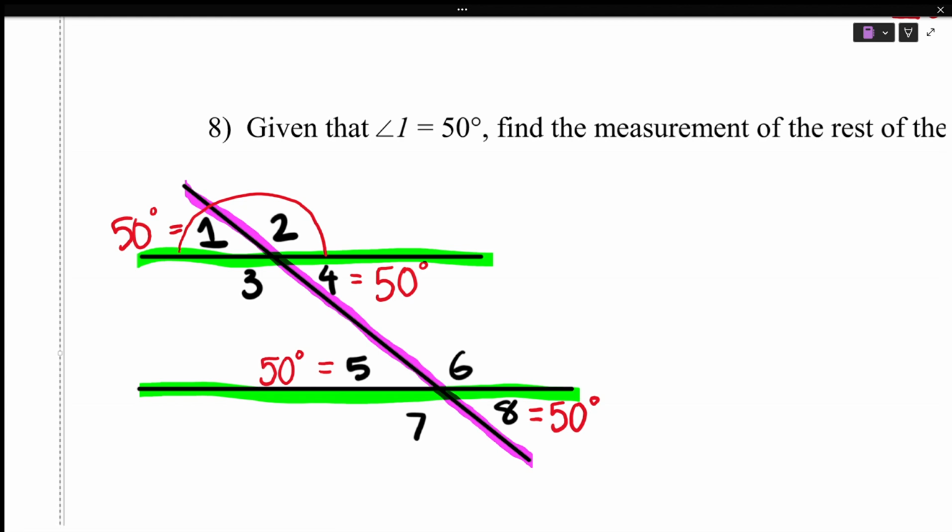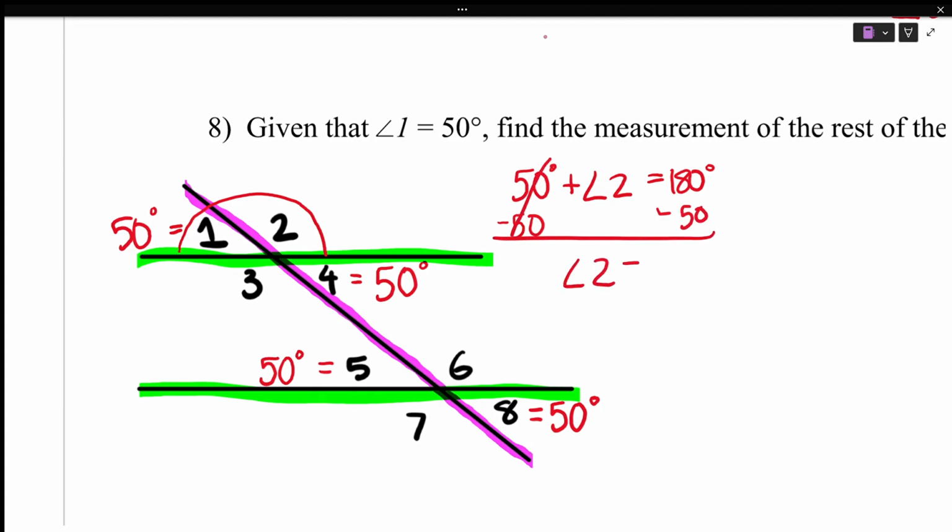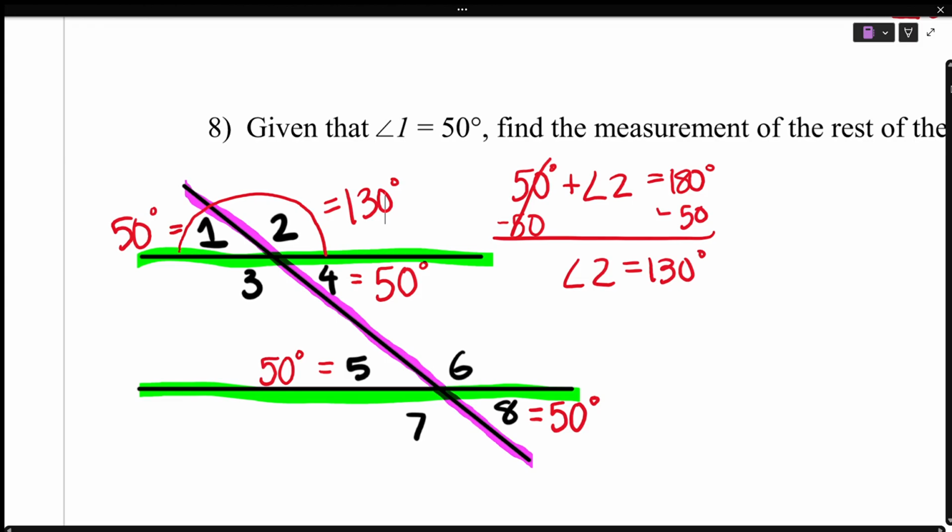So angle 1 is 50 plus angle 2, they have to add up to 180. So just take away 50 on both sides. We know angle 2 is 130. That leftover piece has to be 130. 130 plus 50 is 180.